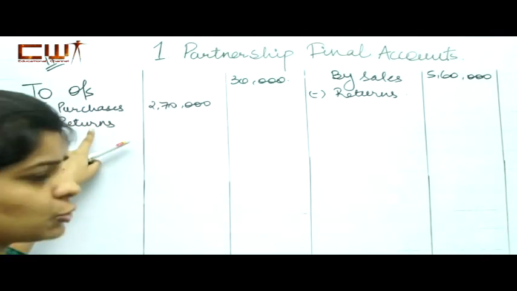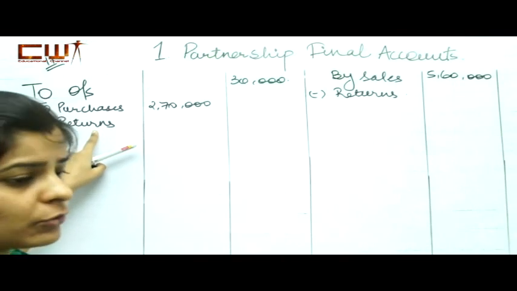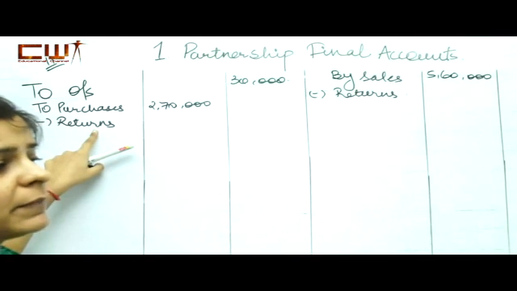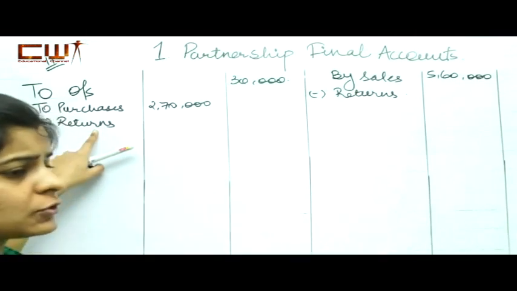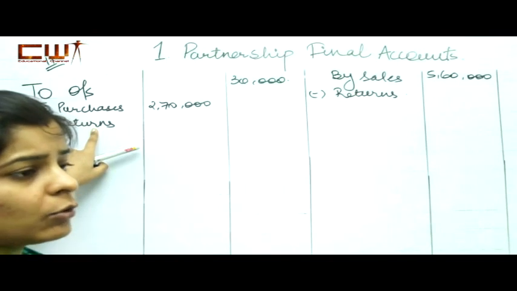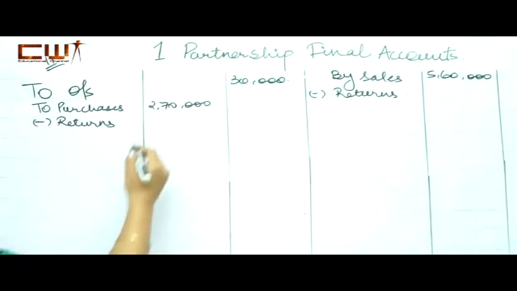Return outward means you purchased an item, you didn't like it, that was not up to the mark, or you never wanted it, so you will send it back, means return outwards. Means you purchased, then you return. So that return outwards means something is going out. Goods are going out means goods are credited. So purchase return is always credited. So 3,000 credit will come here.